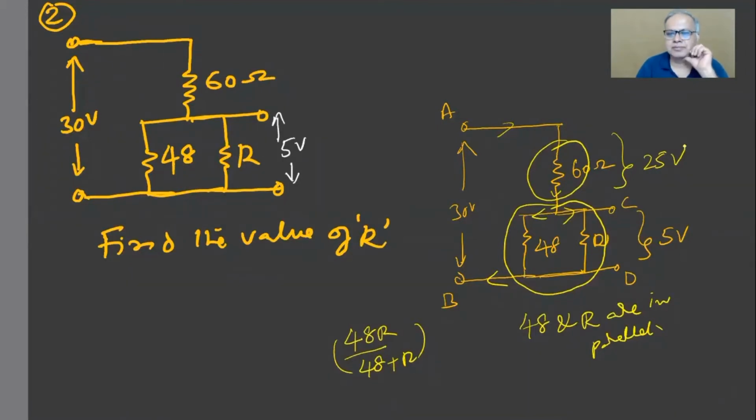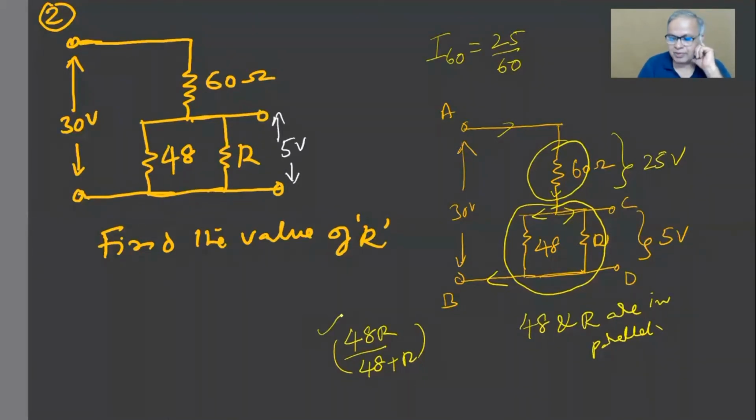Yes, sir. But therefore, current in 60 will be how much? 25 by 60. V equals IR, Ohm's law.